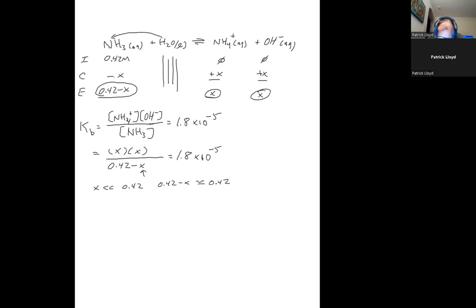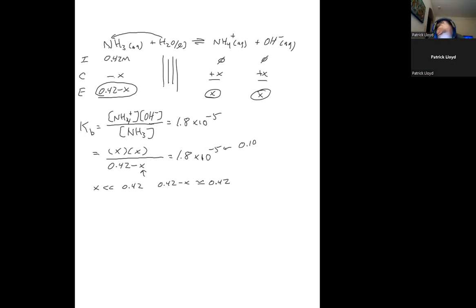Now you do have to be careful. If this was like 0.1, then 0.42 and 0.1, not that big of a difference anymore. So then we wouldn't be able to make that assumption. At least there would be some error associated with that. But when you have a value of K that's 1,000 times less than the initial concentration, perfectly good assumption.